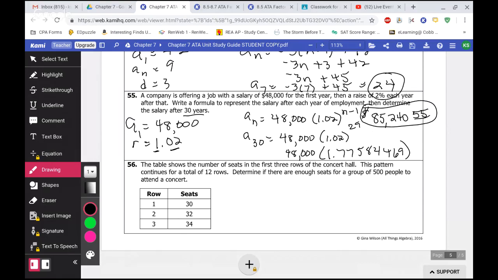Looks like they're increasing by 2, so it's arithmetic. And the first row has 30. The common difference is 2.